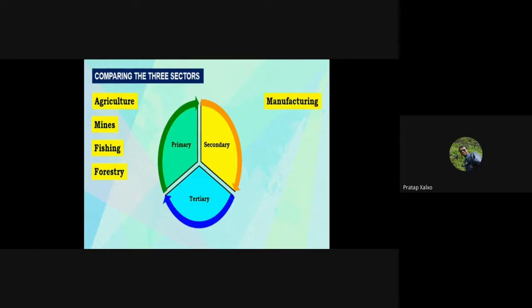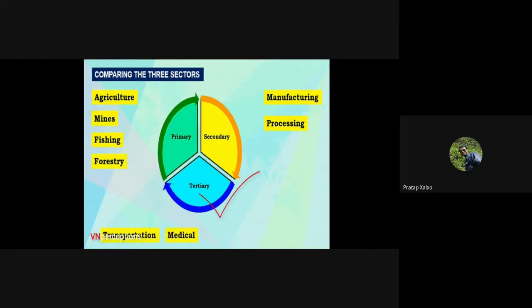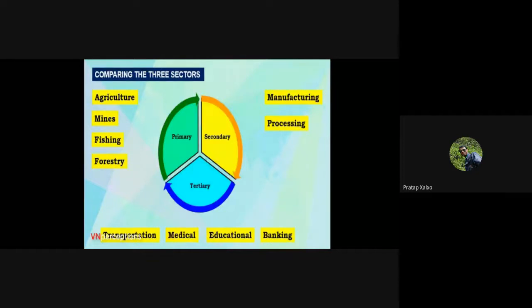On the other hand, industries come in secondary, and then it is tertiary sector. In tertiary sector, there is transportation, medical, educational, and banking facilities. Now, all three are interdependent on each other.